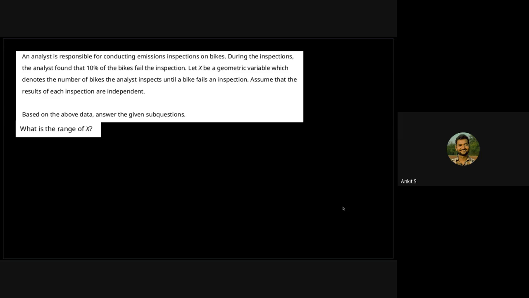So there are a lot of bikes, and the analyst is inspecting one by one, and it's given that 10% of the bikes fail the inspection, and X is the random variable which denotes the number of bikes the analyst inspects until a bike fails an inspection. In these kinds of situations, you generally understand that the random variable is geometric. You all must have played Ludo.